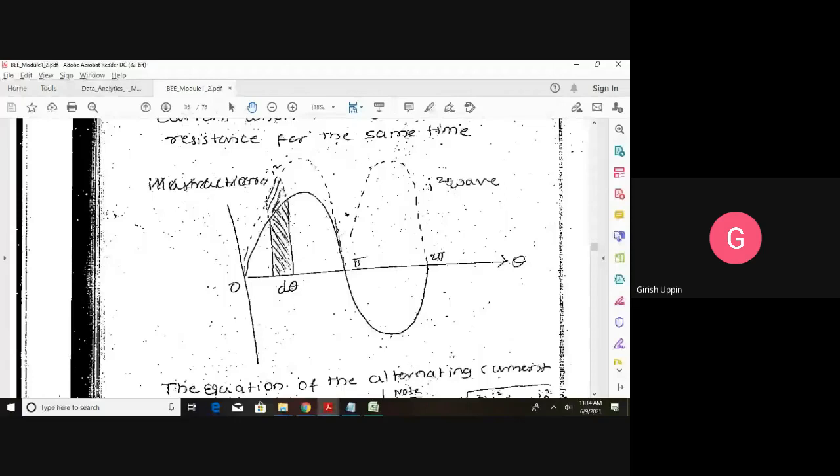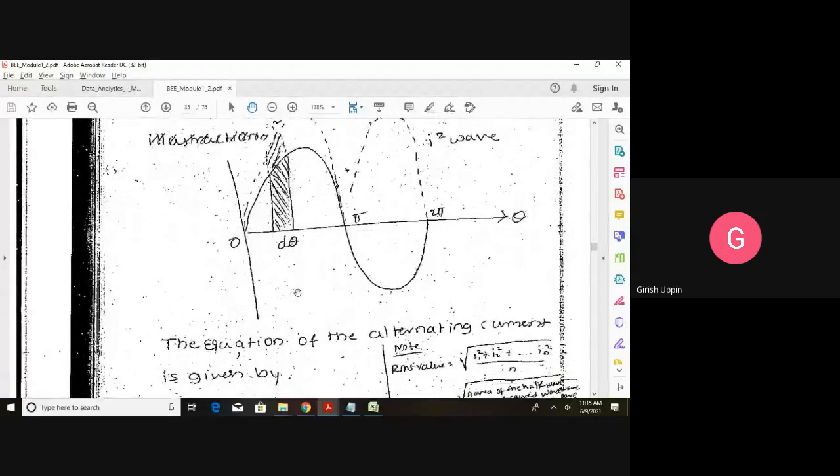Now I have to find the RMS value. I have taken the squared values, and I will find the area. In this case we can take the area for the half cycle, because both are positive cycles. What is the first equation of the RMS value?